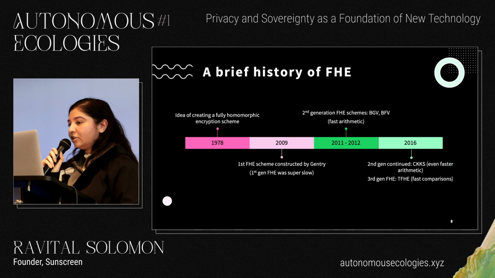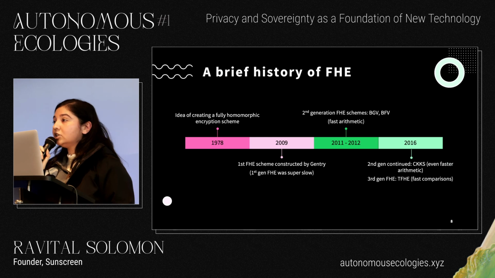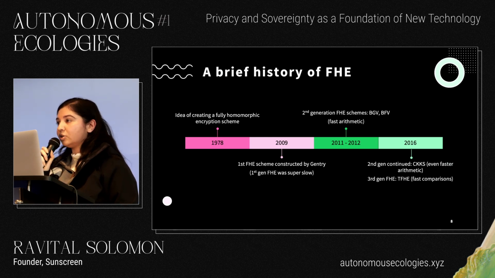A couple years later, there was the second generation of FHE. It brought down the time significantly. What used to take many, many minutes was brought down to milliseconds. With the second generation of FHE, we were able to do fairly fast arithmetic on encrypted data. The continuation of FHE was in 2016 with improved second generation schemes.